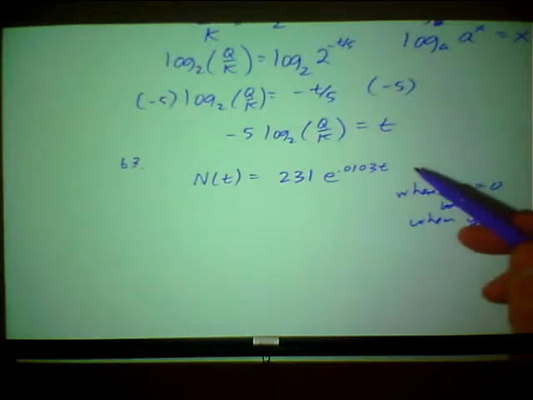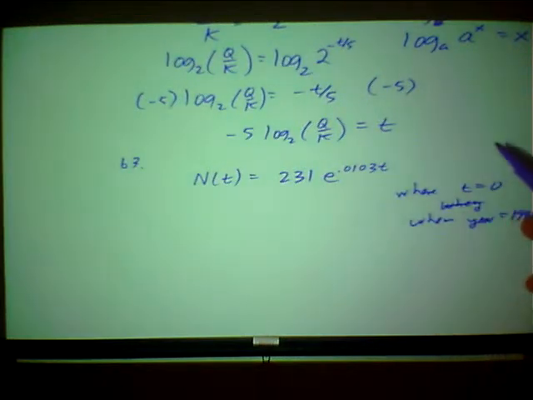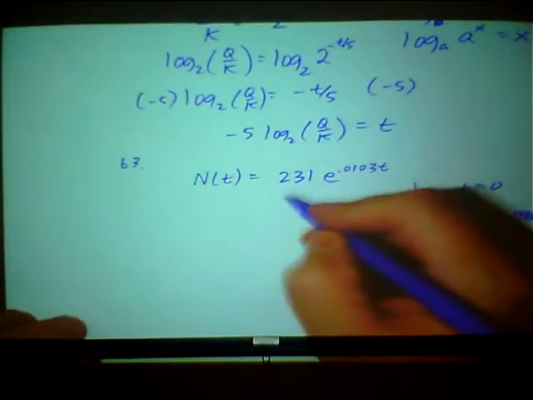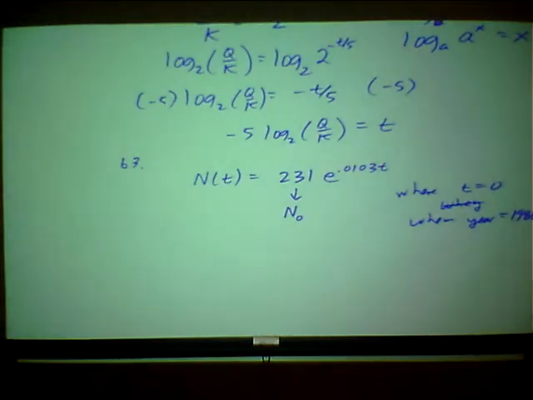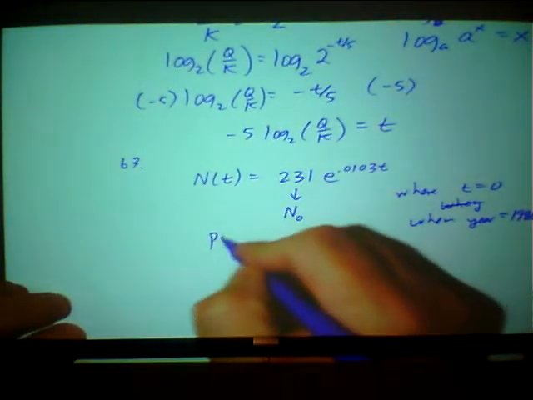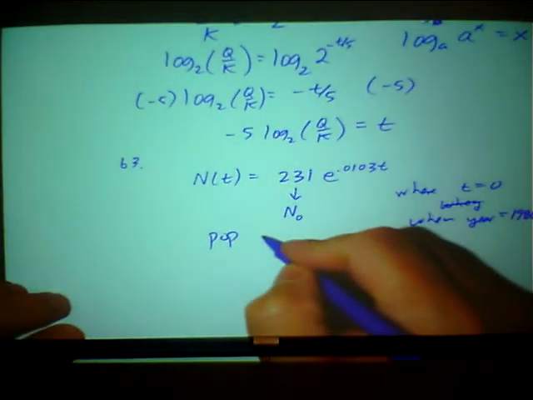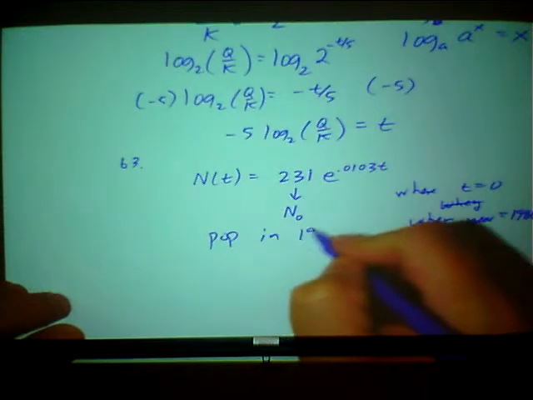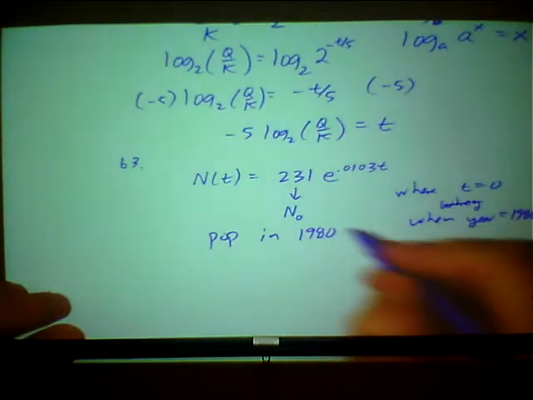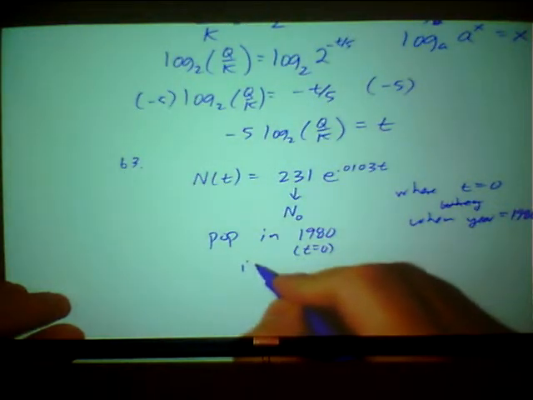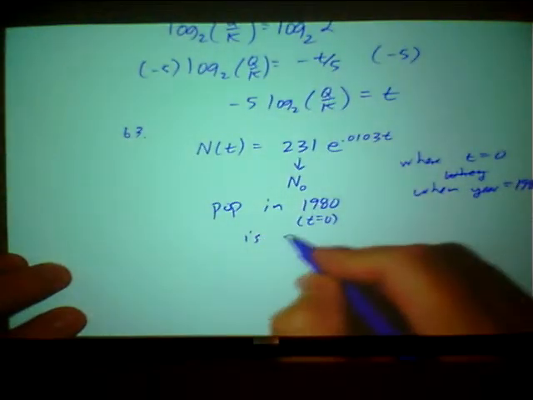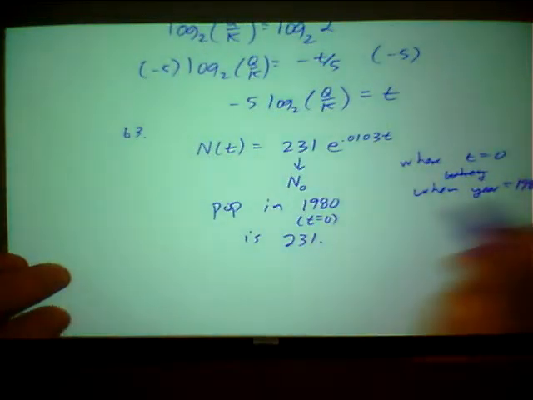Now what's interesting is, this is like an exponential equation. This 231 you can think of as N naught. That's my initial value. What this is saying is, the population in 1980, which is t equals 0, is 231 million.